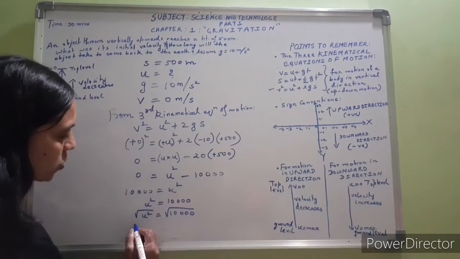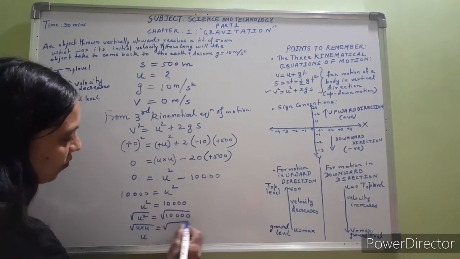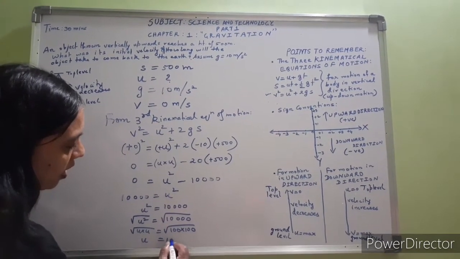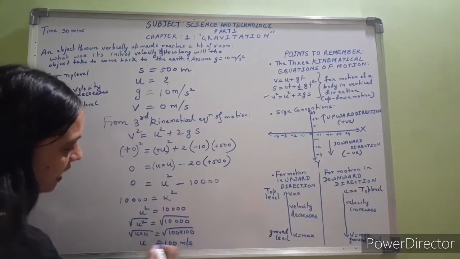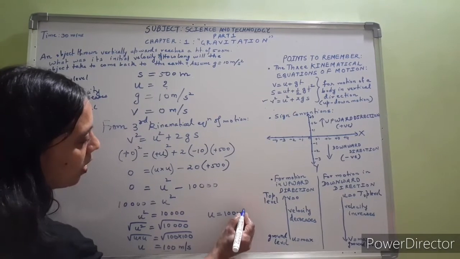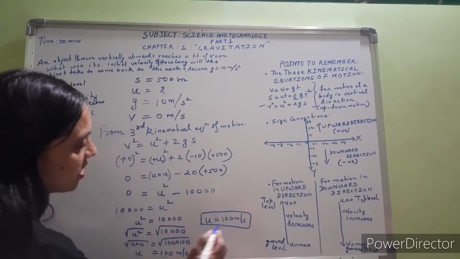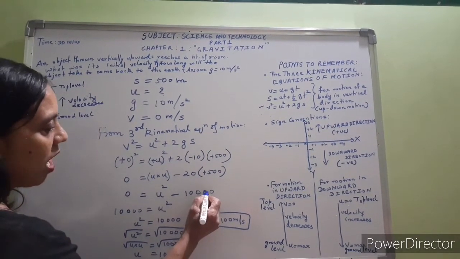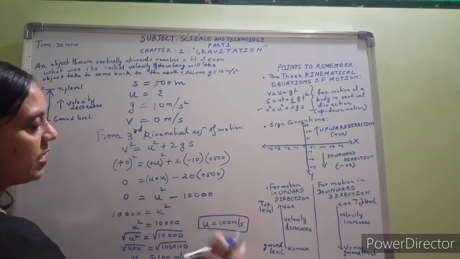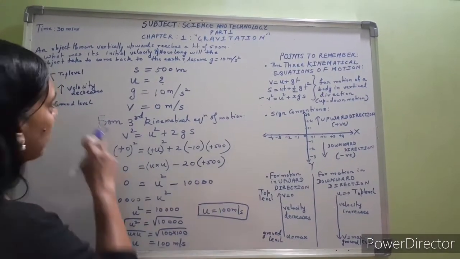Square root of u square, that is u into u, will give you only u, and square root of 10,000 can be written as 100 into 100 and that will give you 100. Meter per second is the unit of velocity. So you got u is equal to 100 meter per second. So this was its initial velocity, 100 meter per second. It will be a very high initial velocity, and as it goes up its velocity goes on decreasing, and on reaching 500 meter its velocity becomes 0. Final velocity becomes 0.